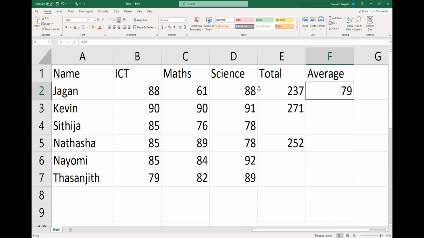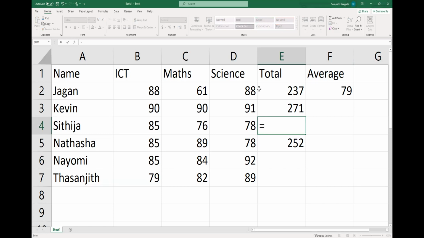Okay, can you send me Sichida's average marks? 79.66667. Okay. So to find out this, you need the total as well. You need to calculate, right? So Sichida's total I'm going to do first.